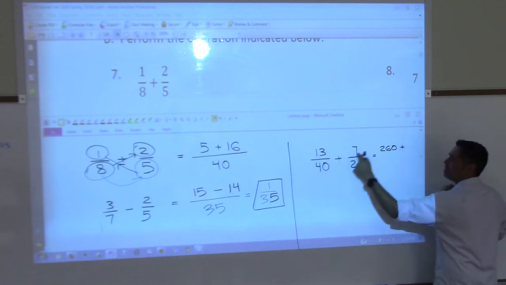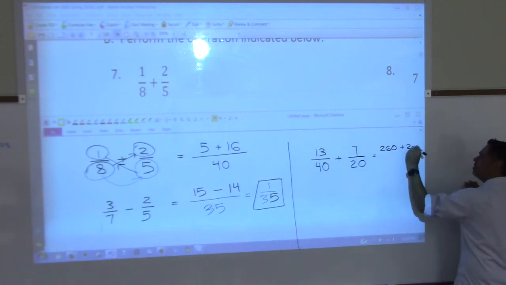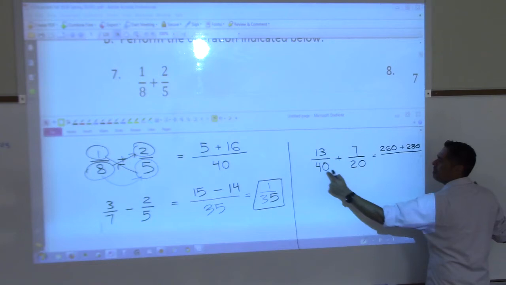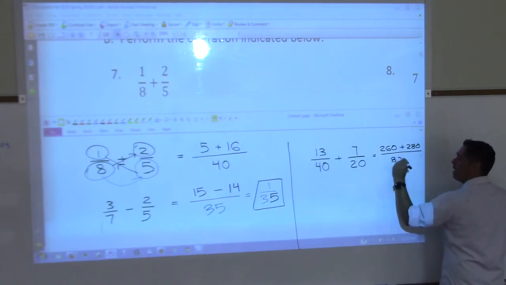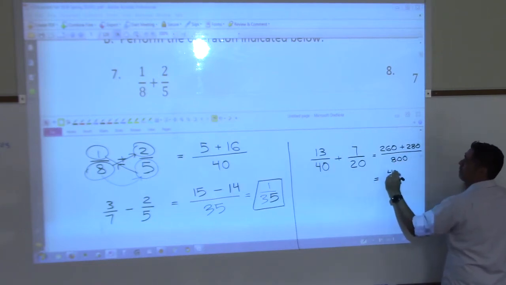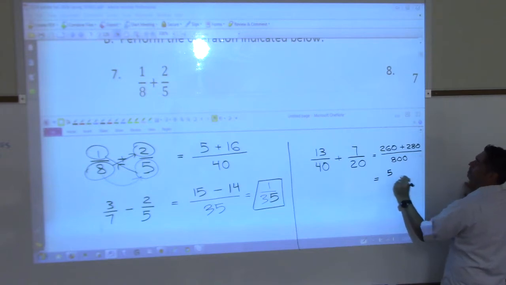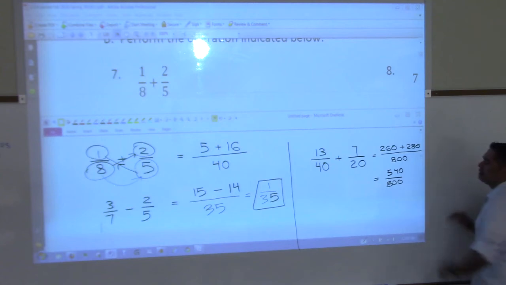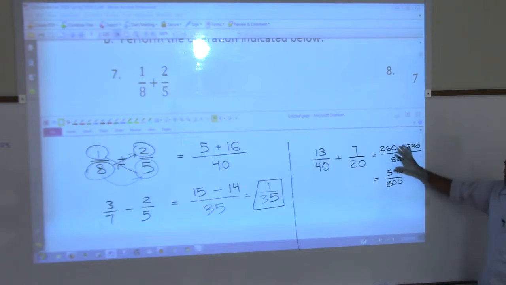Plus 40 times 7 would give me 280. And then on the bottom I'd have 40 times 20, which would give me 800. So I'm getting 540 over 800. Yeah, I think that's right. Okay, big numbers, you still have to reduce this, right? That's the only drawback to the shortcut is that you can get big numbers.